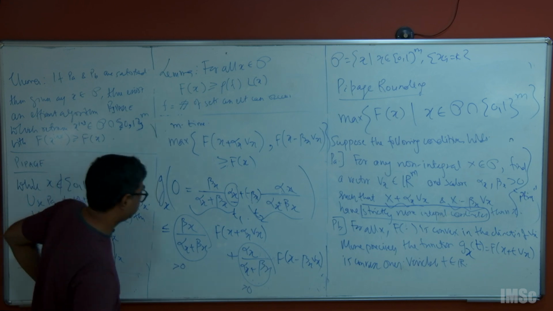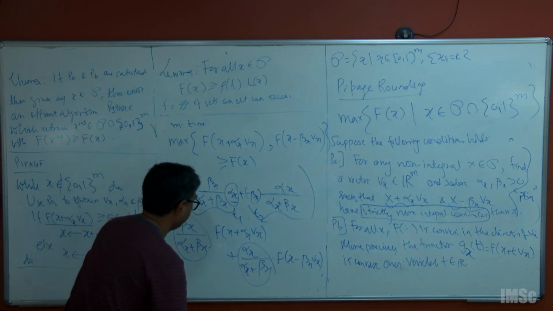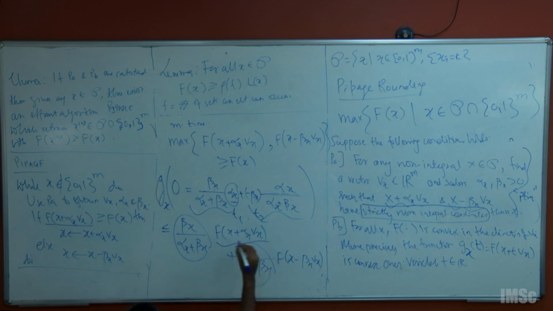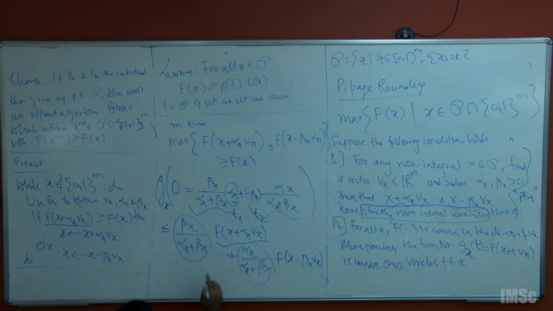Gx of 0 is at most this. Suppose this is what I wanted to show. Suppose this quantity is strictly less than gx of 0, and this quantity is also strictly less than gx of 0.